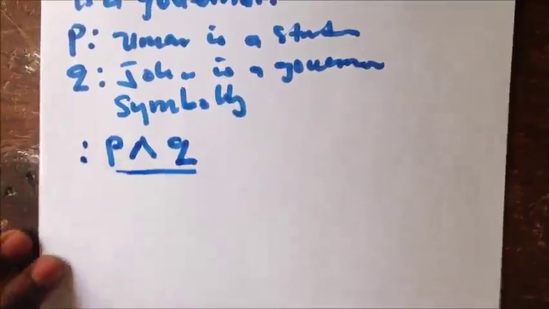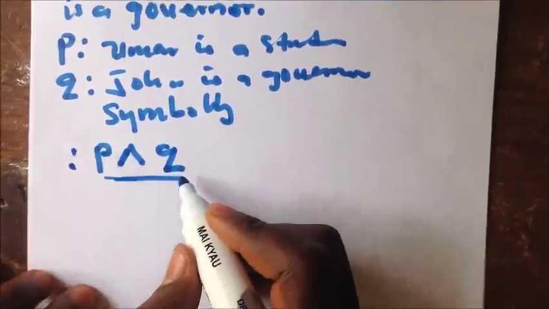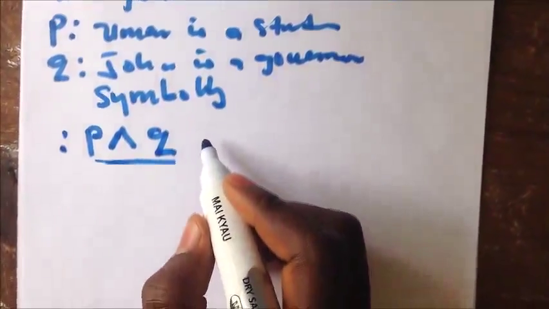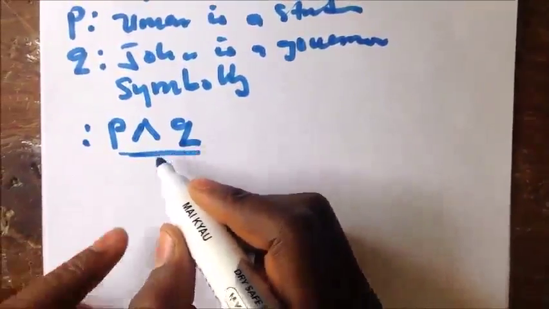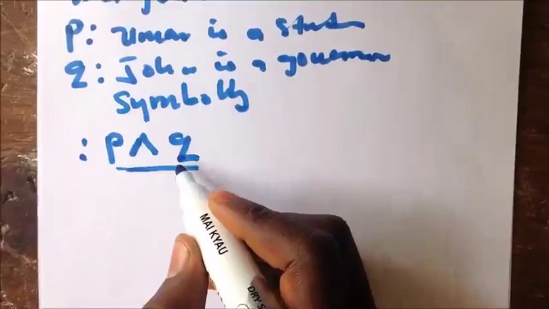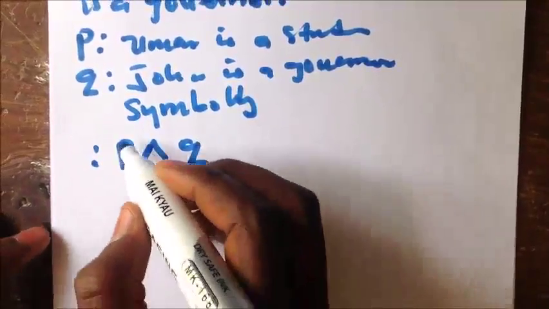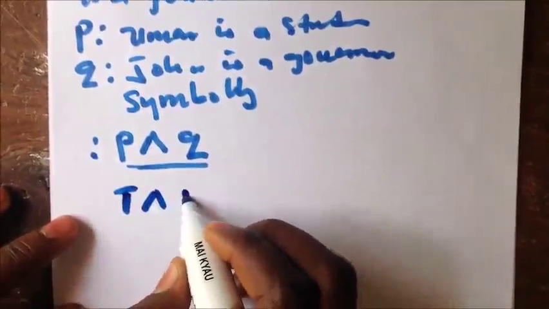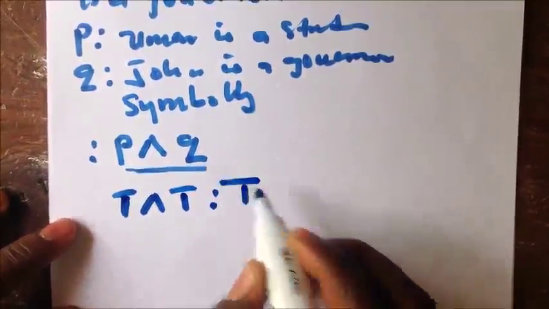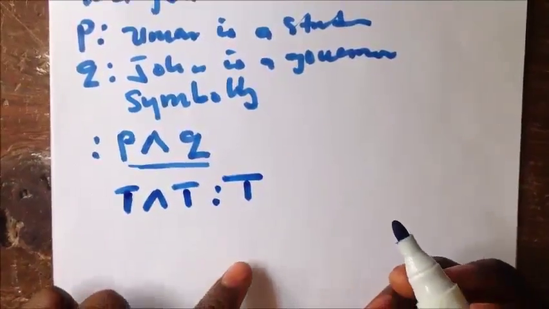Now, in this case of conjunction, a statement is said to be true if both are true. Meaning, if P is true and Q is true, therefore the compound statement is true.